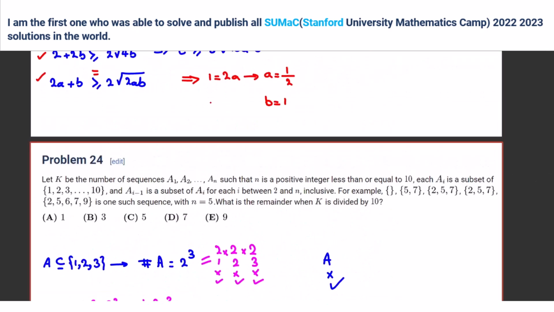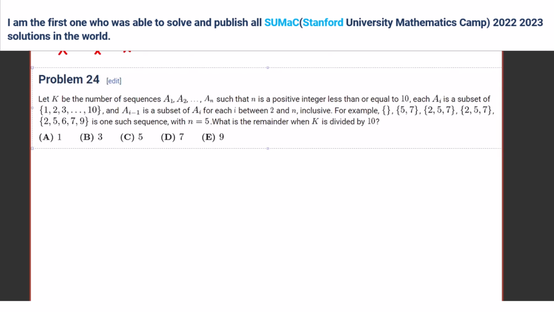Okay, now you've learned this idea and you are ready to solve problem 20. It says let k be the number of sequences a1, a2 to an, such that n is a positive integer less than or equal to 10. So n is at least 1, at most 10.